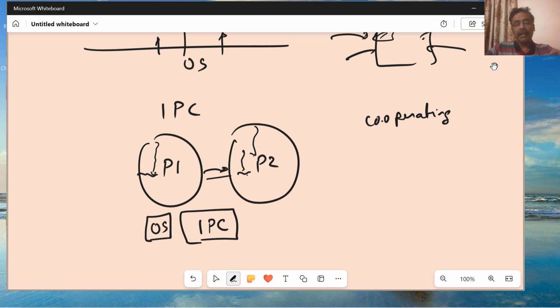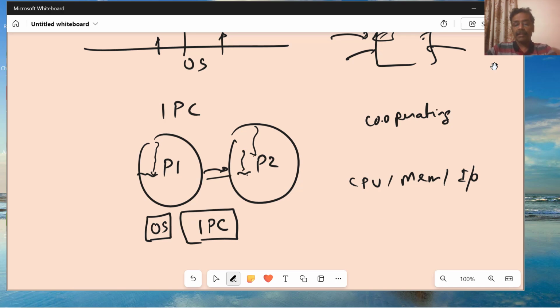The reason is, as I told, the CPU, memory, and any IO devices, even the keyboard or display, are all shared resources between multiple processes. When you have a Windows system with PowerPoint running, PDF running, and even this video recording running in the background for me, these are all individual processes running, and they all share.